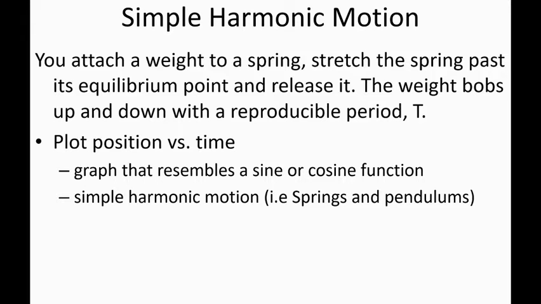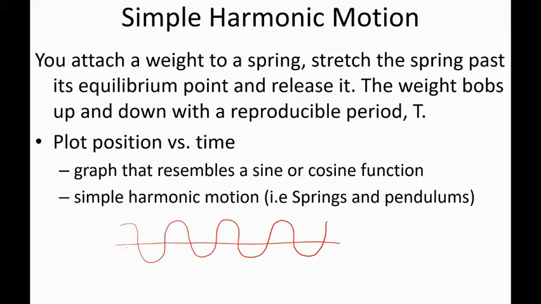Your period is your measurement of T. And you can plot your position versus time graph. When you do that, the graph is going to resemble a sine or a cosine function. If you release it from your maximum position, say you pulled it down, then you have a sinusoidal or cosine type graph.